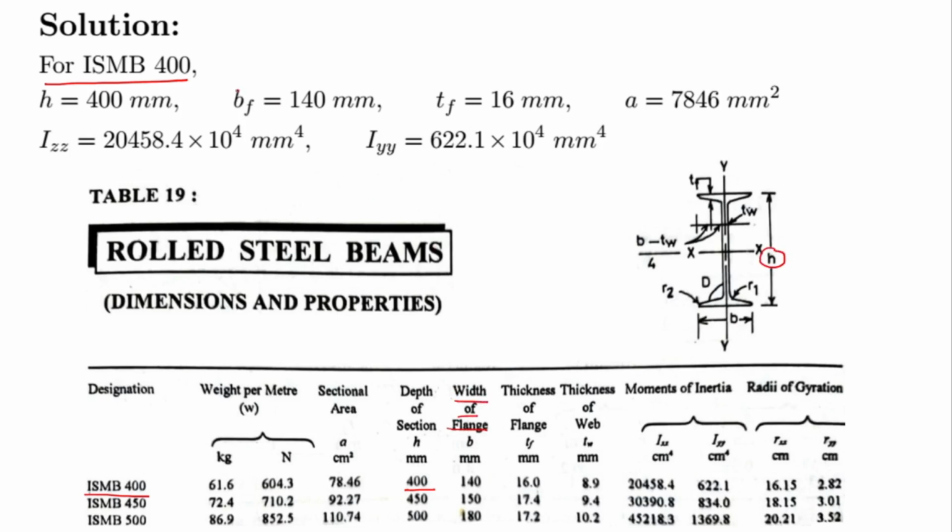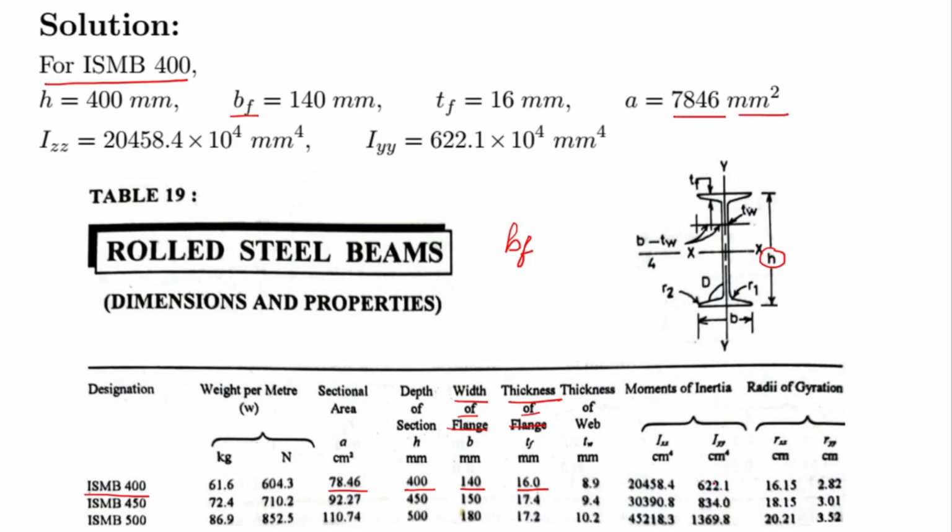So here I have denoted it by BF and sometimes it is called breadth of flange. For ISMB 400 it is 140 mm. Similarly, thickness of flange TF, it is 16 mm. Then cross sectional area, it is 78.46 centimeter square. So if I convert to mm, it will be 7846 mm square.